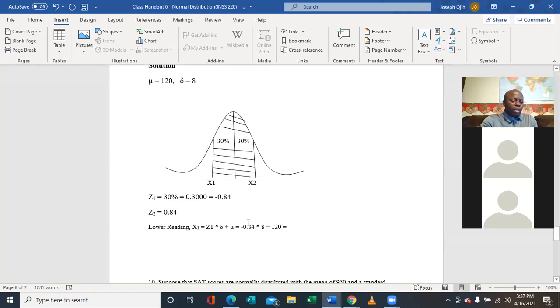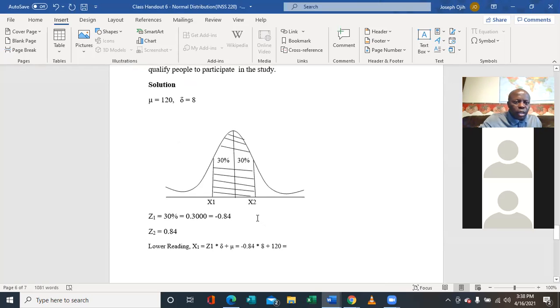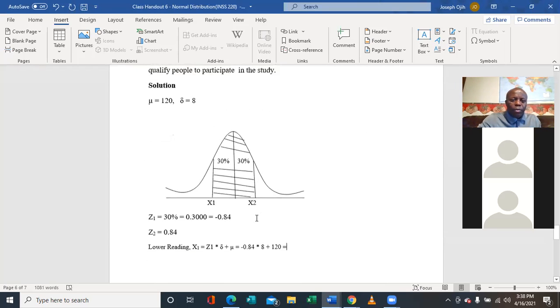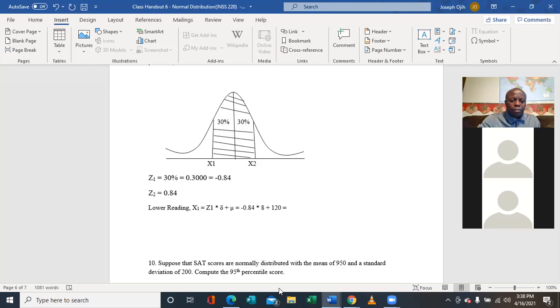So we can now look at the calculator and put them in. Let me just write it down: negative 0.84 times 8 plus 120. So you have it in this form. Yep. All right, let's put it in.